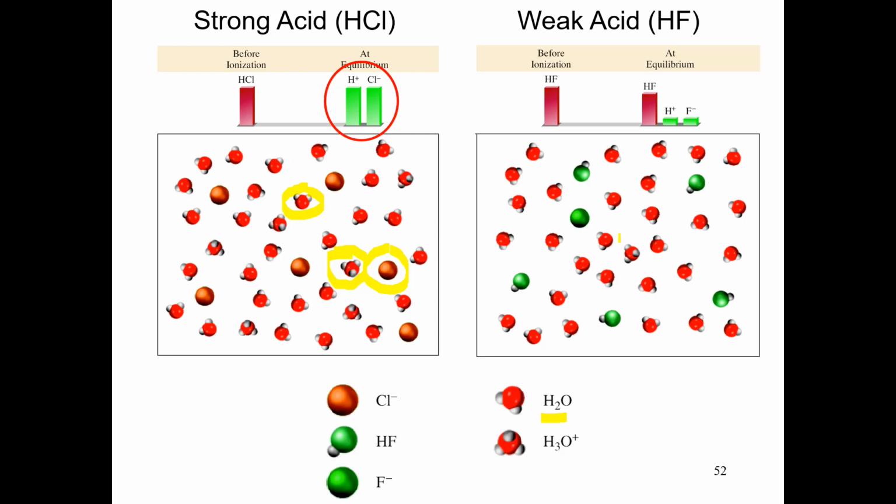You see one in here. Actually, I think in this picture, that's all you see. That one and that one there. And everything else, it's either water or the unionized molecules of HF. So at equilibrium, you have a mixture of these. You have a few ions, but most of the acid remains unionized.